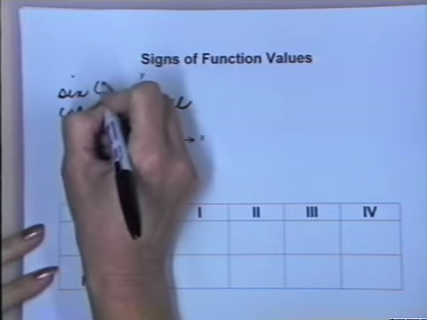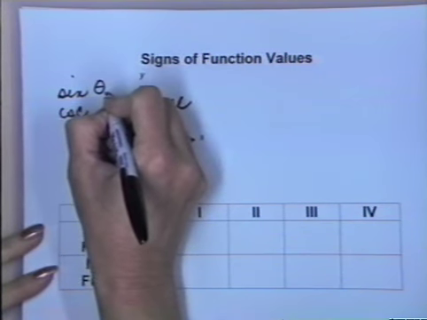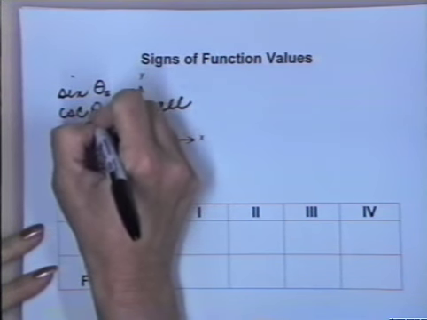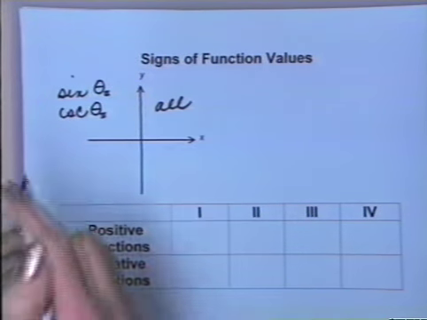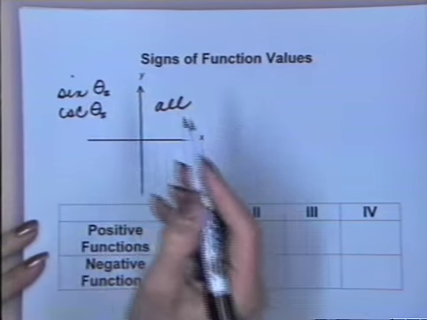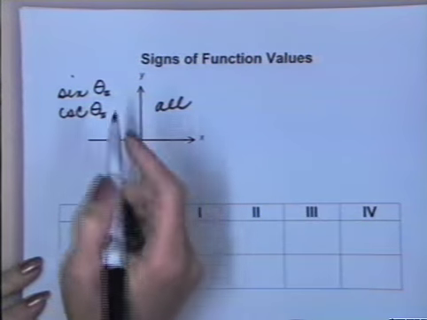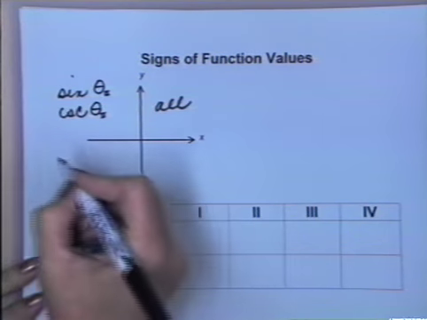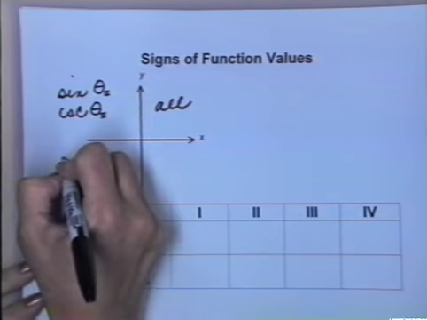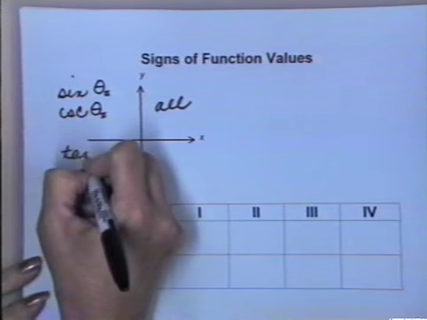Now I'm going to call the angle theta 2. I'm going to continue to use that little subscript so that you know that that means that angles whose terminal sides are in the second quadrant, their sine function and cosecant functions are positive. For the third quadrant, two functions were positive.